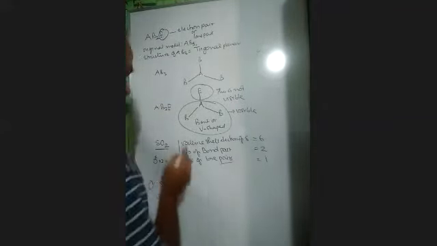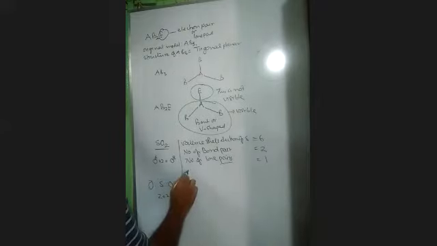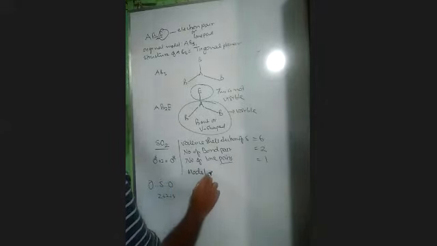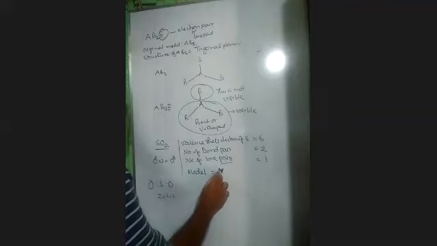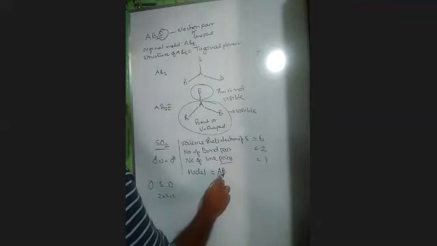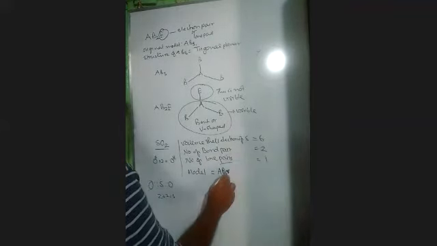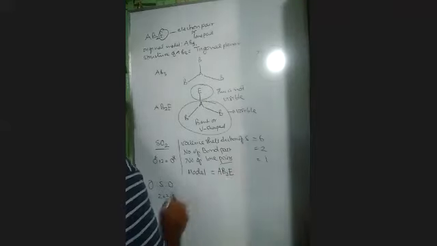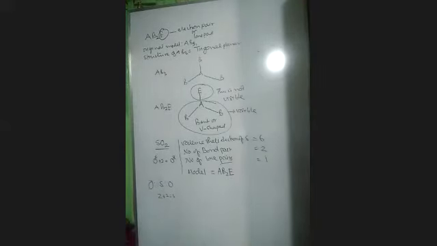Okay. So what is our model now? Model is A, bond pair is 2, B2. Lone pair is 1, E. So what will be the structure now?